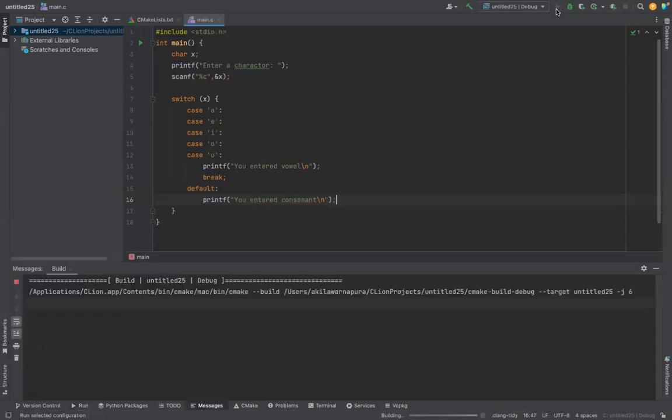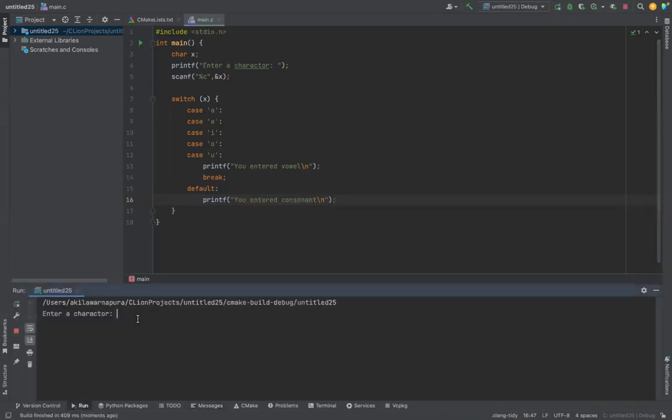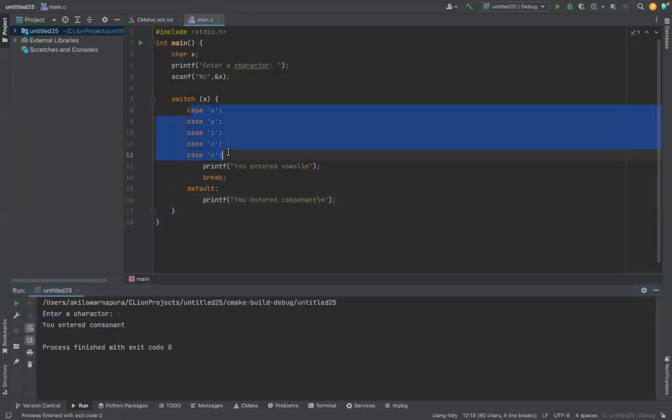Now when you run this program, let's say you enter A, you entered vowel. Let's say O, you entered vowel. I, you entered vowel. Any other letter, let's say K, you entered consonant, because it does not belong to any of the cases.